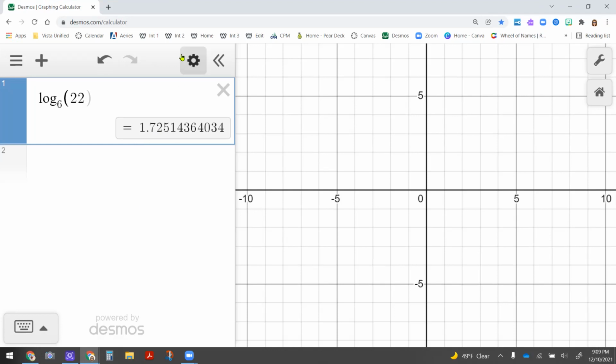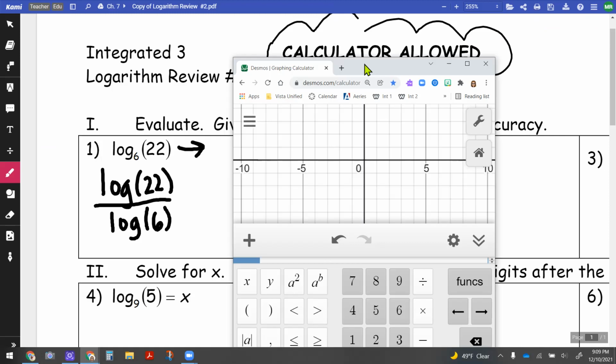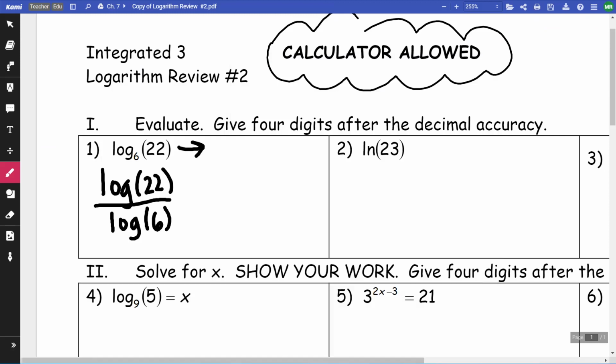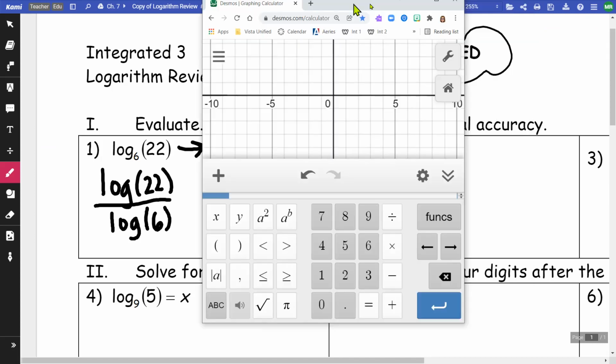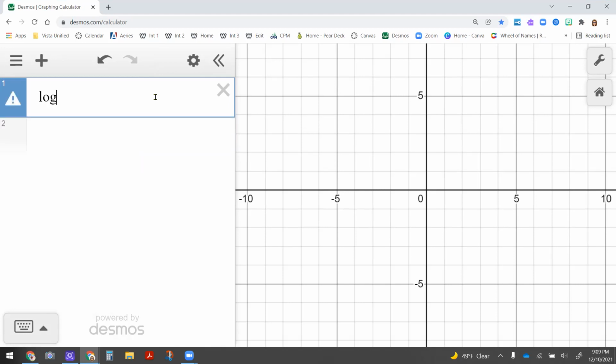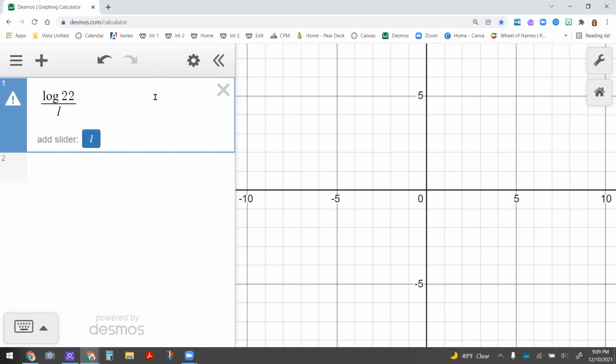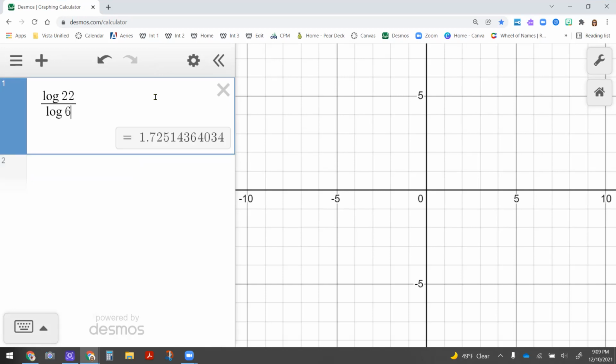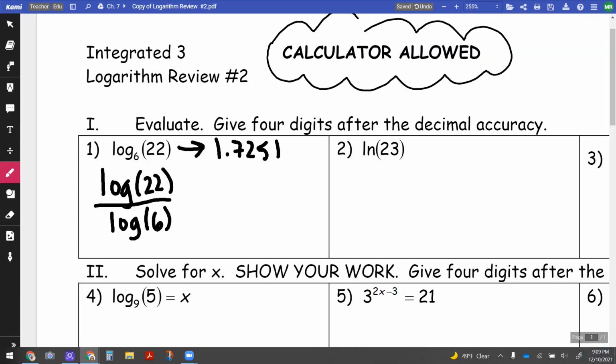So 1.7251. Now, if I had a calculator that did not allow me to do that base, then I could instead take log of 22 divided by log of 6, and you see I get the same answer. That's using change of base.